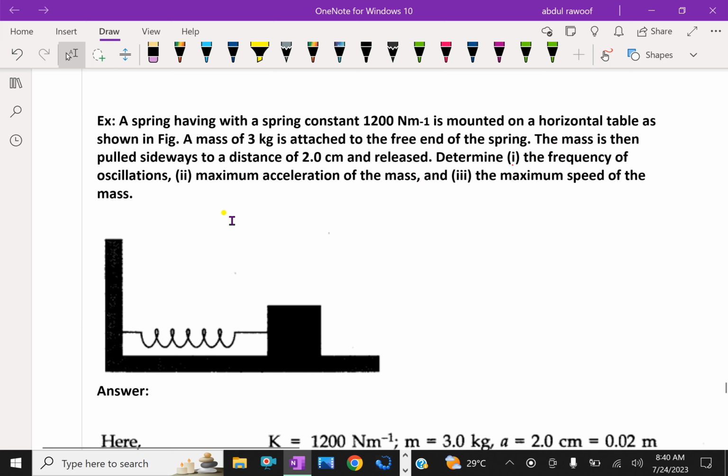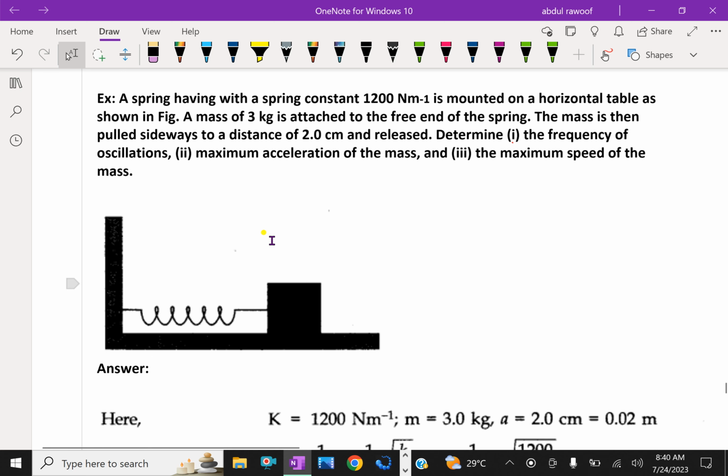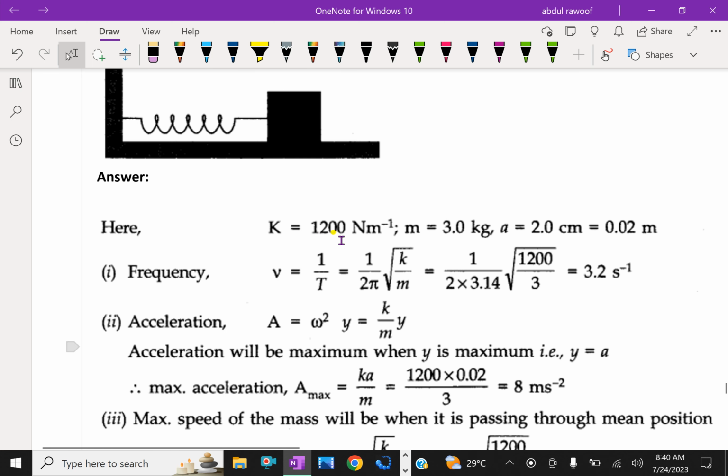Determine the frequency of the oscillation, the maximum acceleration of the mass, and the maximum speed of that mass. Look at here. Here k, the spring constant, is given as 1200 Newton per meter. Mass is given 3 kg. The amplitude is 2 centimeter, which is equal to 0.02 meter.